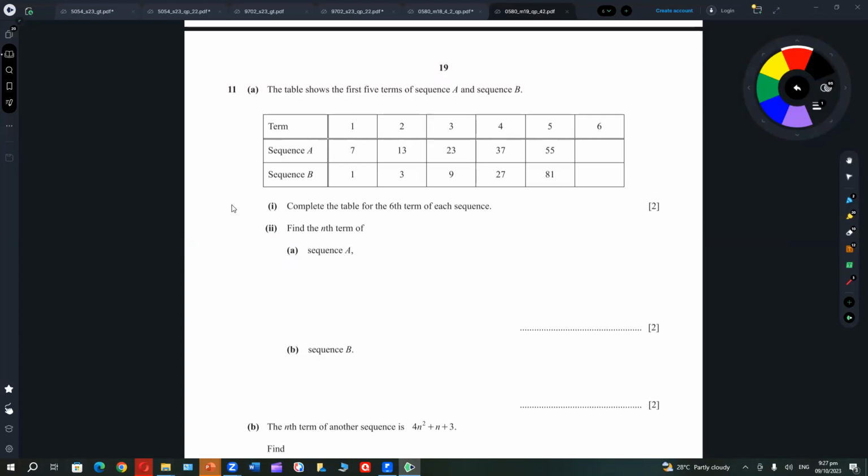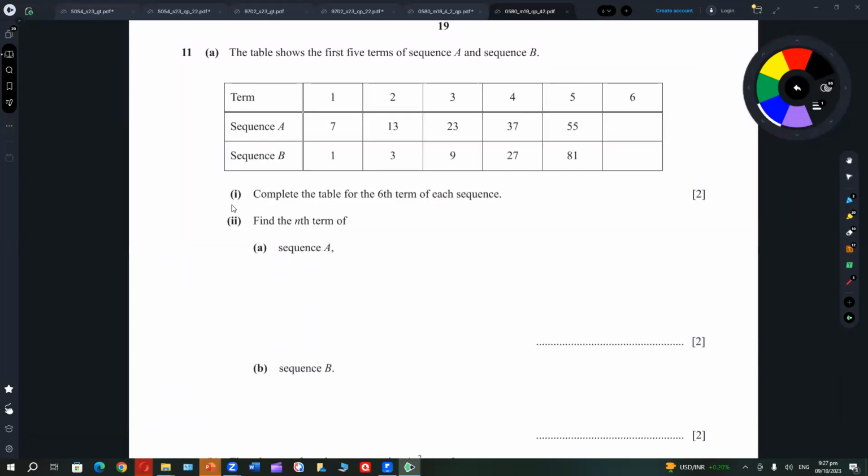First, just like for example, B. Can you see 1, 3, 9, 27? Are these all cube numbers? Let me write for you. After 1, we are getting 3. 3 by 3, 9.